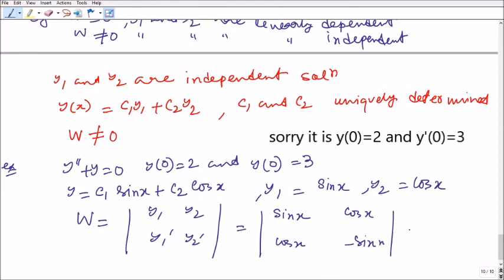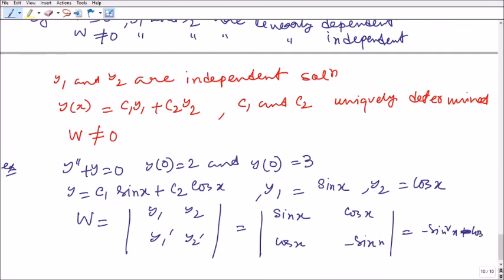So it is simply equal to minus sine square x minus cos square x, so w is not equal to 0. So we can determine c1 and c2 uniquely. That means the two solutions y1 and y2 are linearly independent of each other. Then we can say that y equal to c1 sin x plus c2 cos x is a general solution of that differential equation y double dash plus y equal to 0, subjected to these initial conditions.